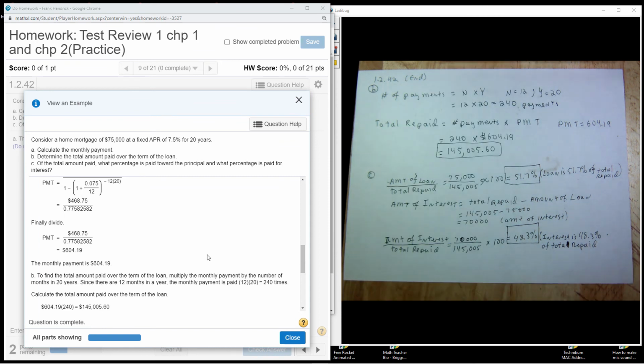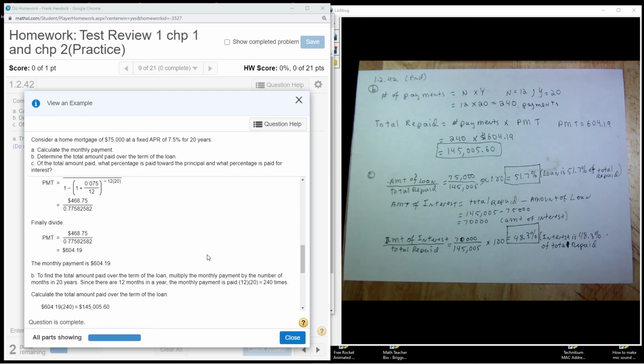So the total repaid is going to be the number of payments times the amount of the payment, which is 240 times $604.19. That gives me the total amount they had to pay back, which is $145,005.60.